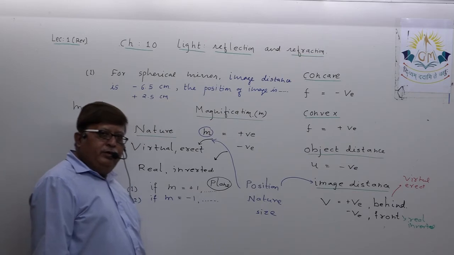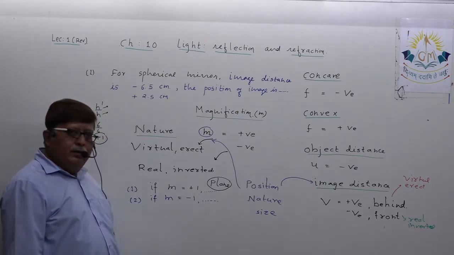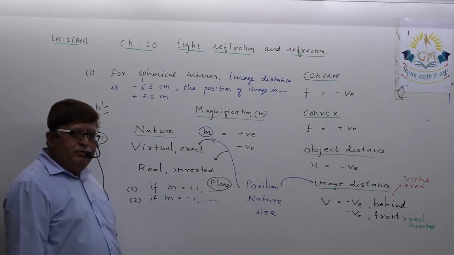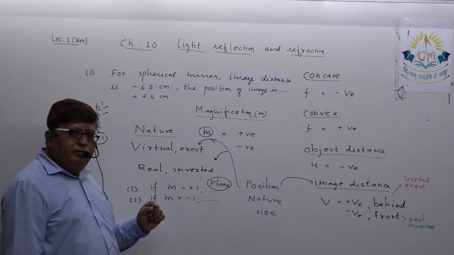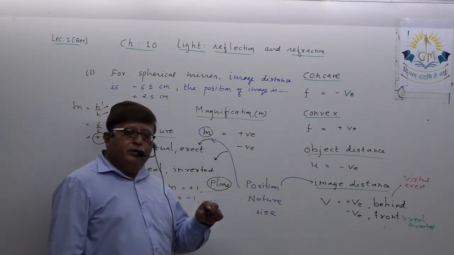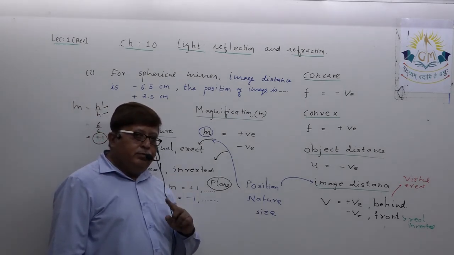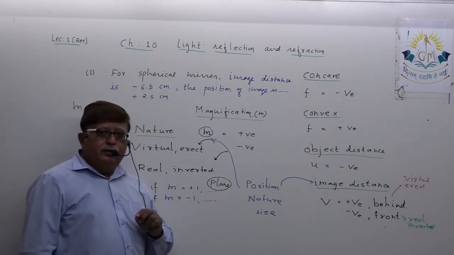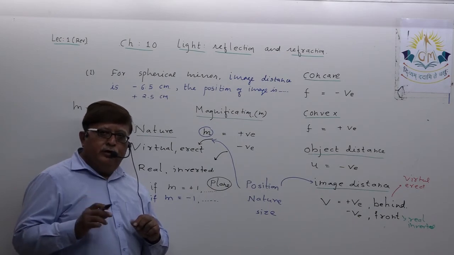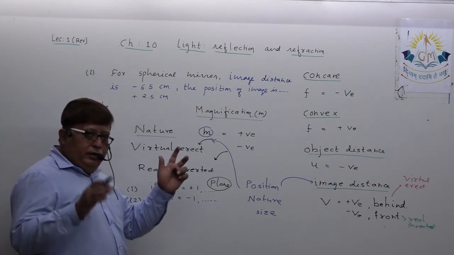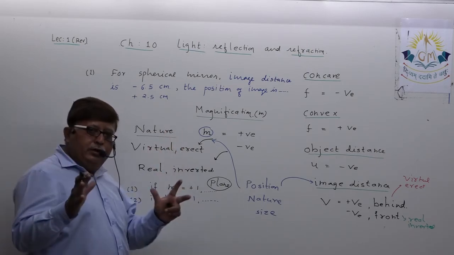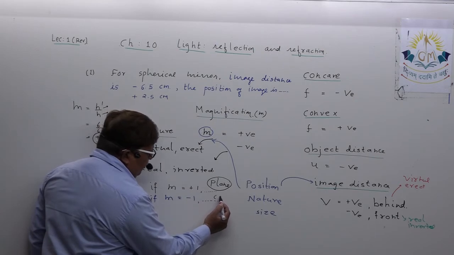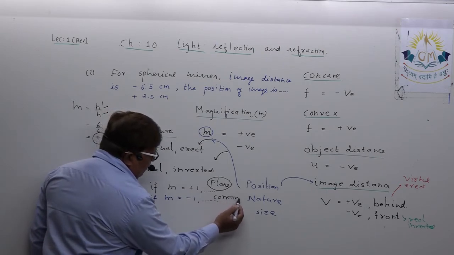So for plane mirror only. m equal to negative 1 means image is real, inverted, and of same size. Which mirror can produce a real, inverted image of the same size as the object? If you can gather all image diagrams in your mind, this is possible only by concave mirror.